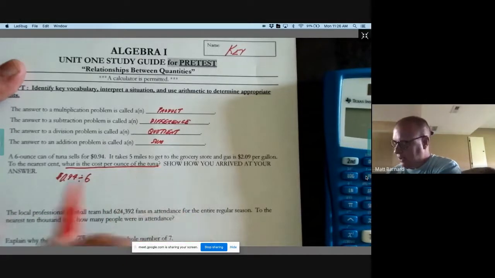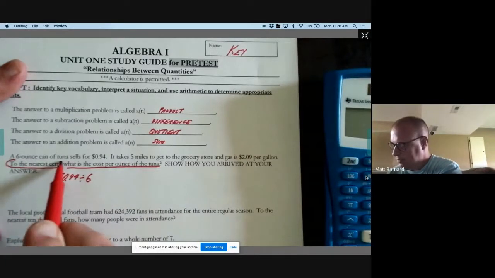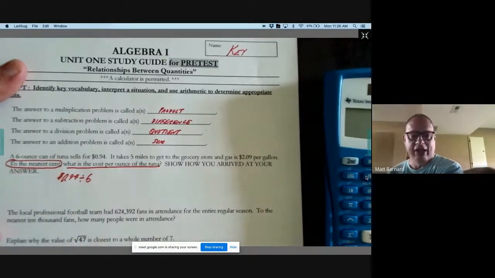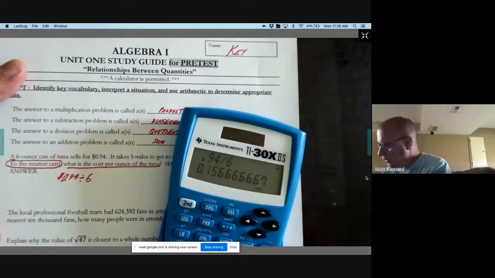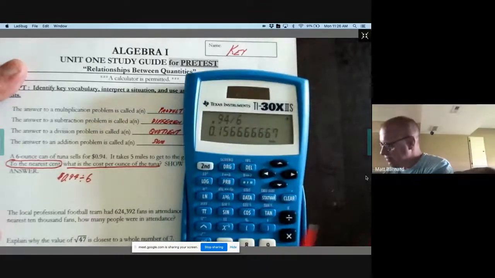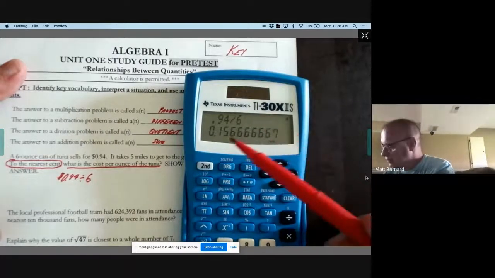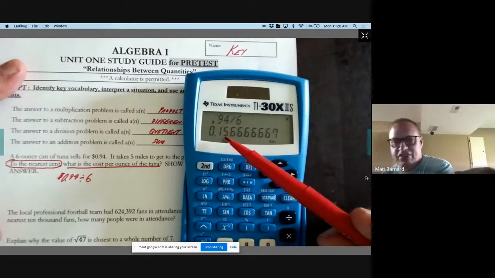Now, we also have to round this to the nearest cent. That's important as well. Now, I could sure do this without a calculator, but since I've got one handy, I'll go ahead and I've done that. You see that right here. If I take 0.94 and divide by 6, this is what I get. Now I have to round this to the nearest cent. Well, rounding to cents is like rounding to hundreds. So this 5 is the cents place.